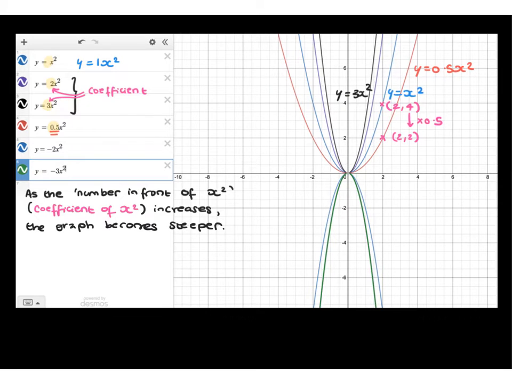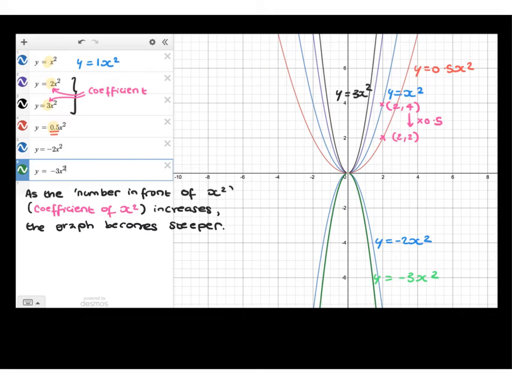Now, in the blue and the green graph here, we have y equals negative 2x squared and y equals negative 3x squared. Hopefully you can see a combination of the effects we've looked at here and the effect of the negative sign as well.